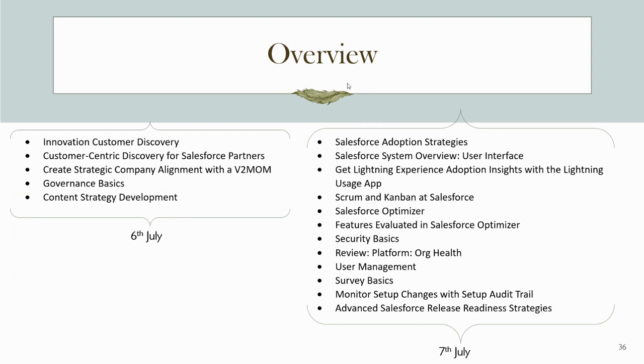We took the V2MOM, the Salesforce-suggested model for customer discovery and alignment with the customer. We also talked about governance and about the content, how we can keep the content short with the help of the customer, and the strategies based on it.